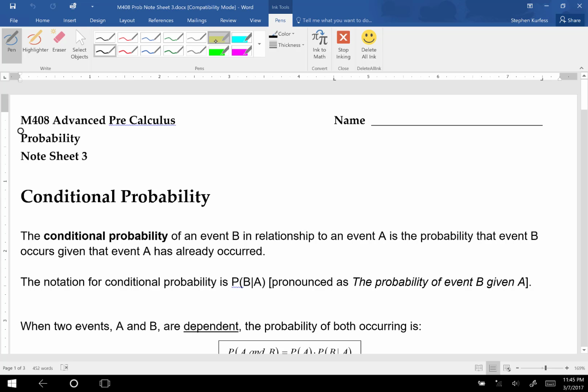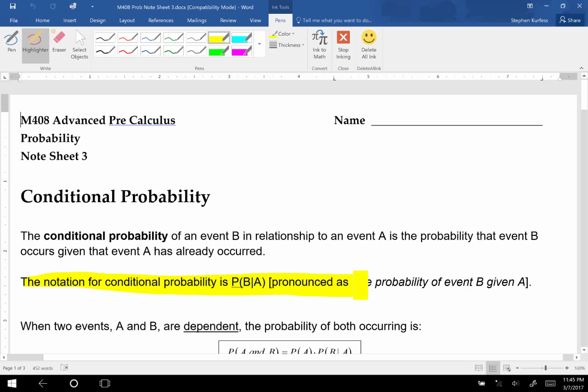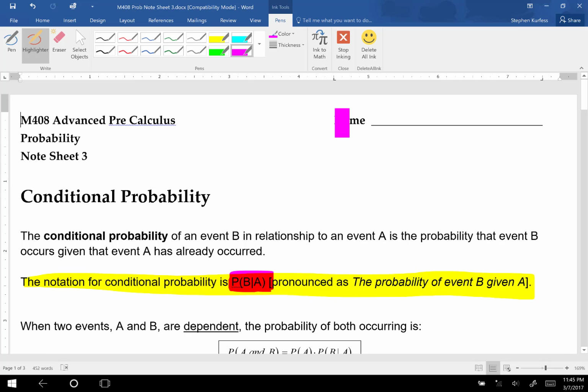And so basically the notation for that is, and I'm reading over here, P(B|A), that guy right there. So probability of B, there's a line there, A, and that's pronounced the probability of event B given A. So what is the probability of B occurring given that A has occurred already?